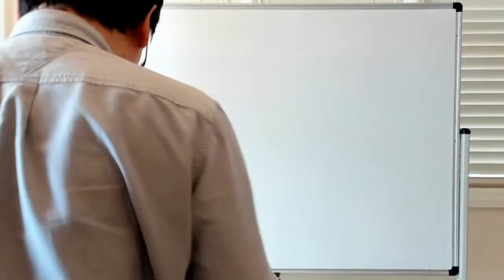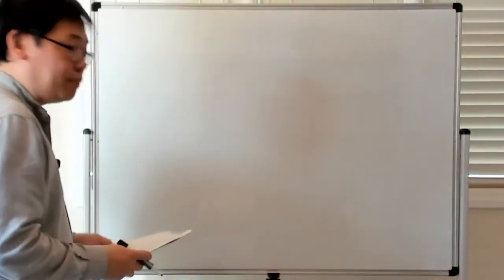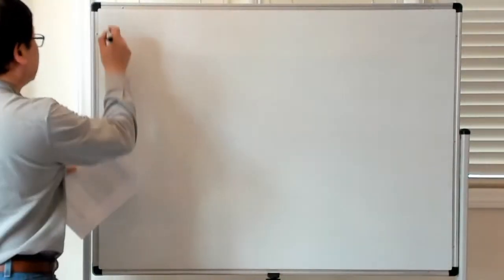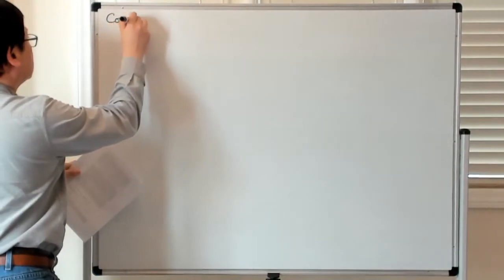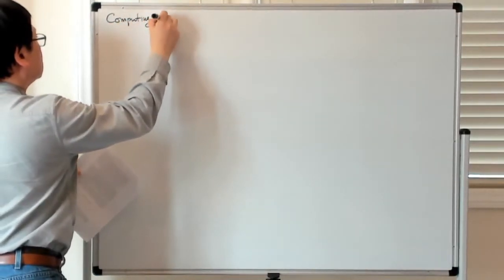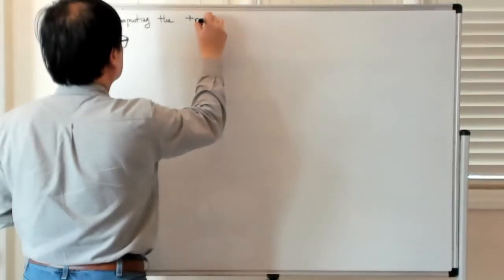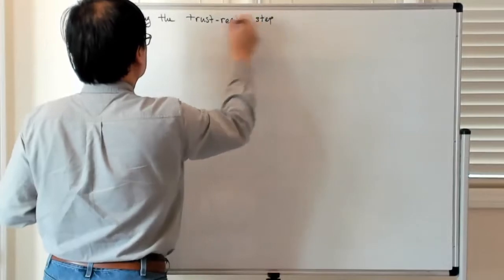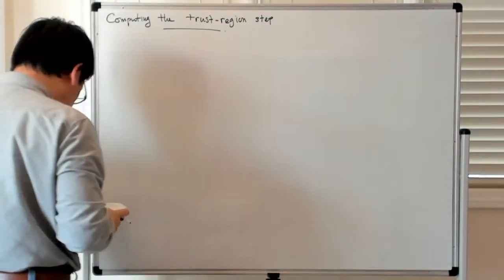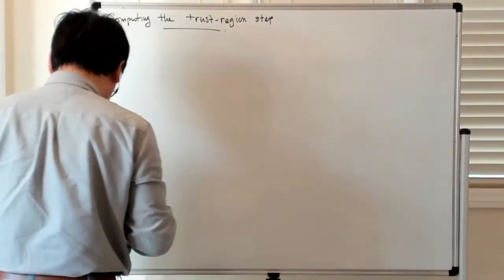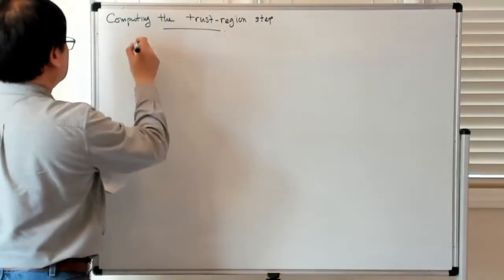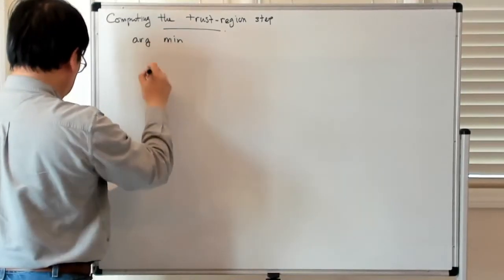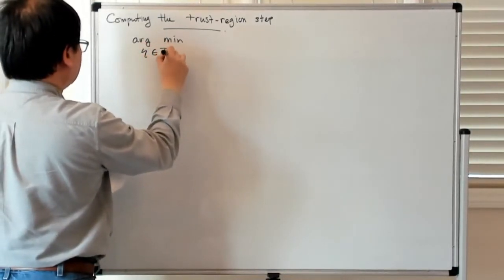All right, so now we're going to say a little bit more about how you go about actually computing this solution to the trust region subproblem. Again, you have to compute the arg minimizer of the following.